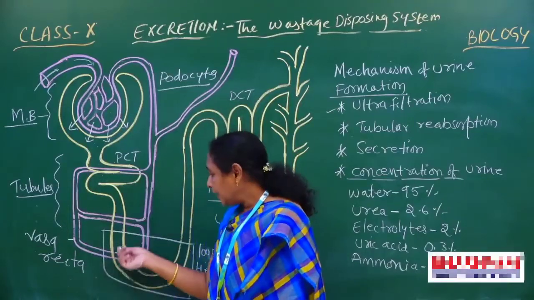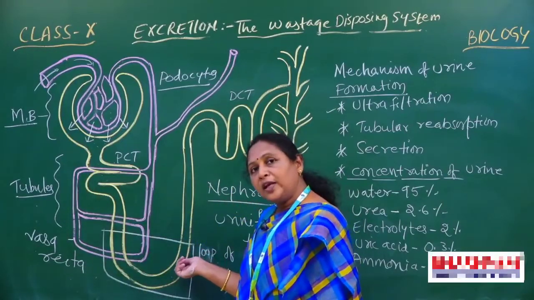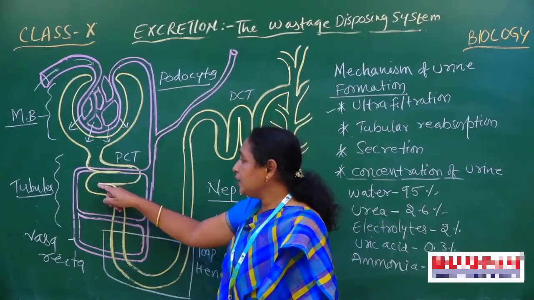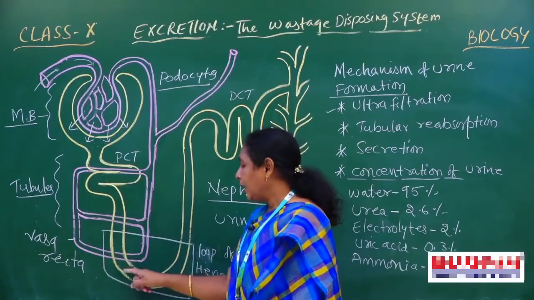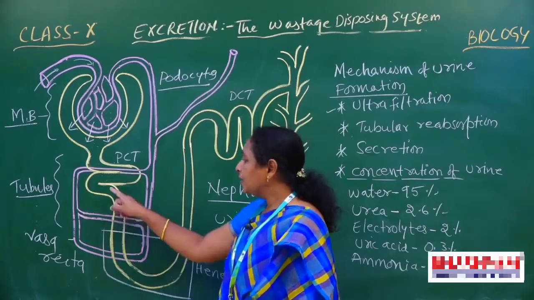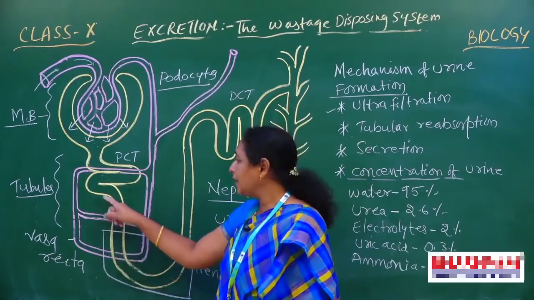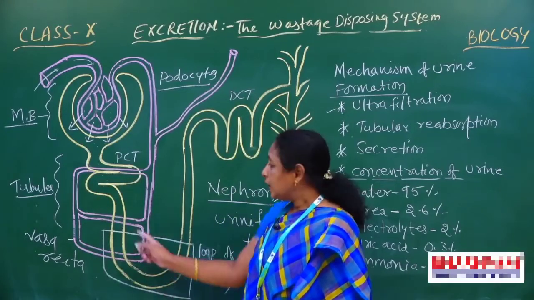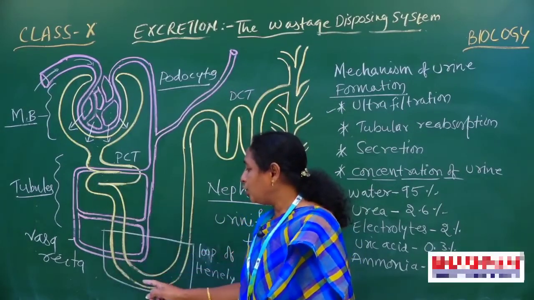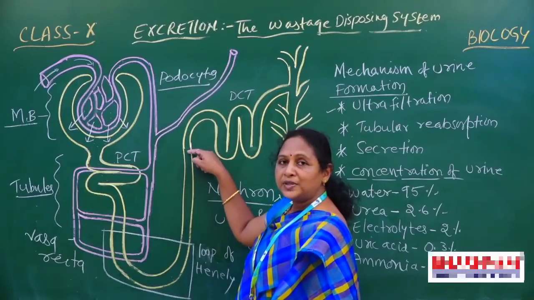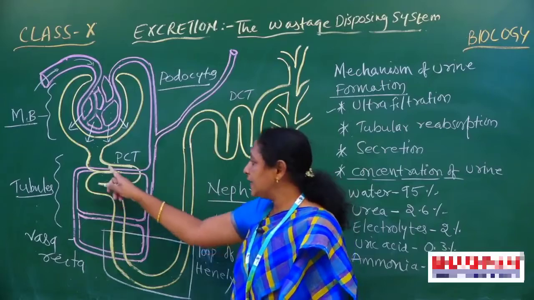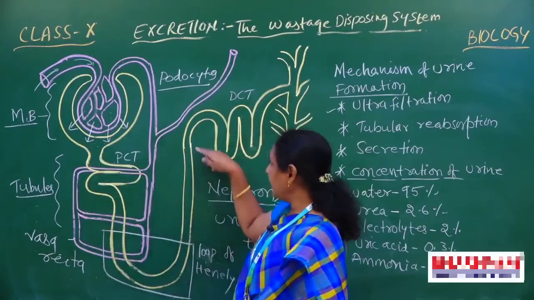Now the loop of Henle is again divided into parts. The part which originates from the PCT and makes the U-pin shape, this tubule we call the descending loop of Henle. The descending loop of Henle then moves upward, and we call that the ascending loop of Henle.